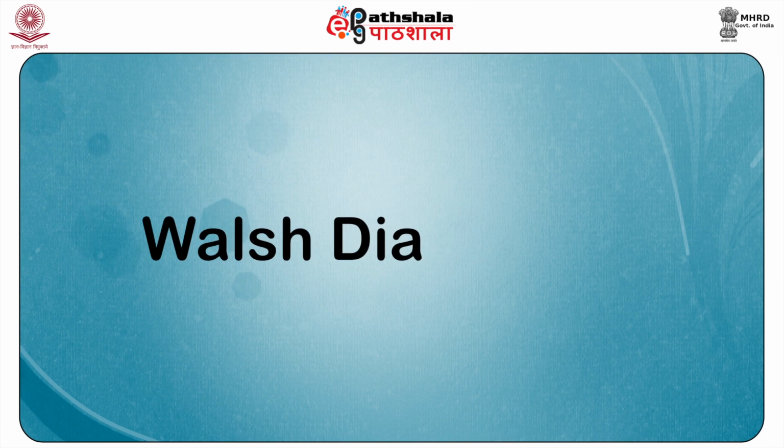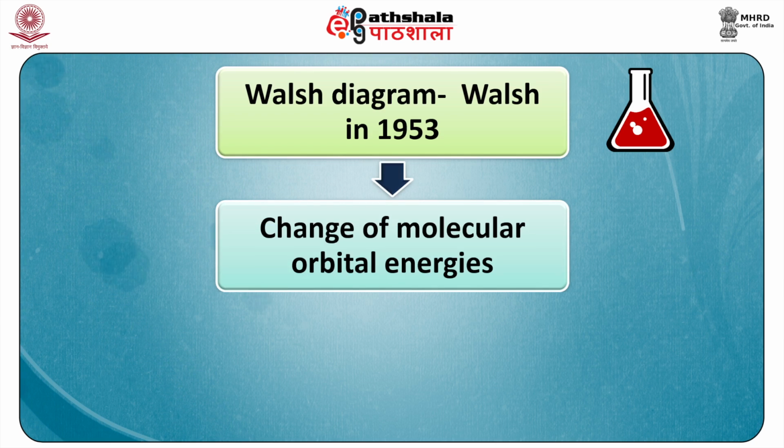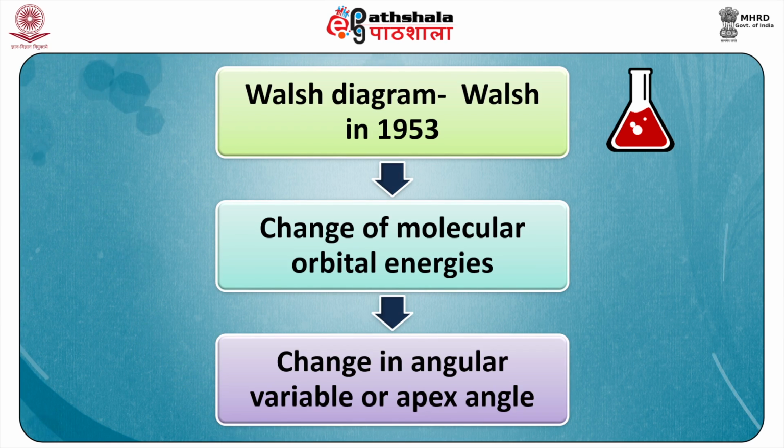Now, let us study about the Walsh diagram. The Walsh diagram, as originally discussed by Walsh in 1953, is a plot of the change of the molecular orbital energies with the change in the angular variable or the apex angle. Let us start with the AB2 type molecule.